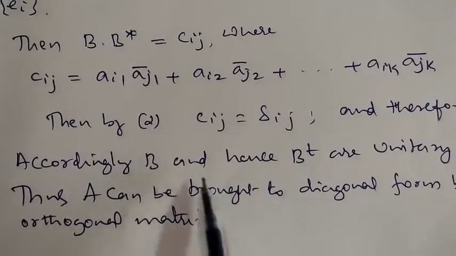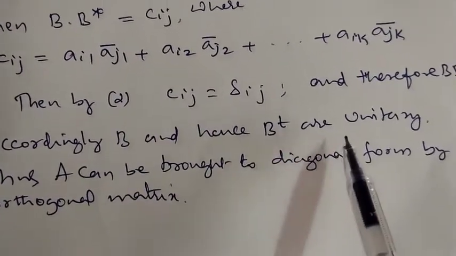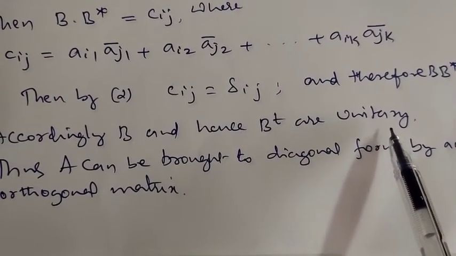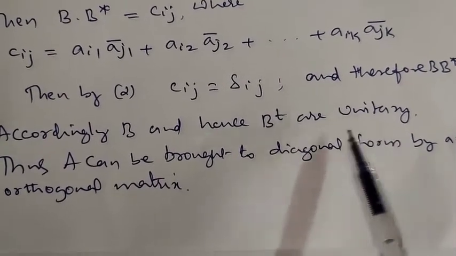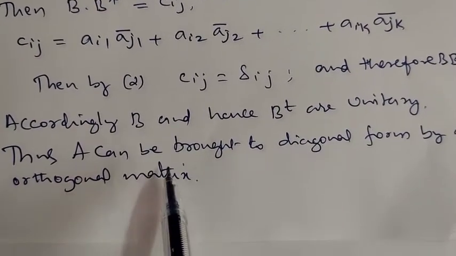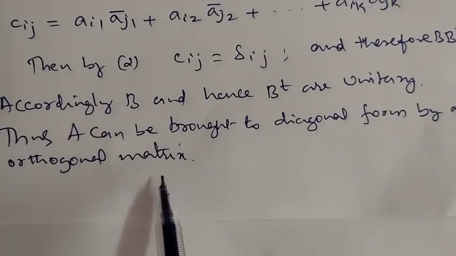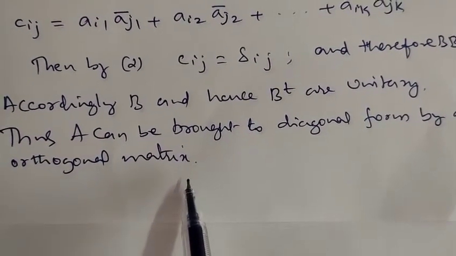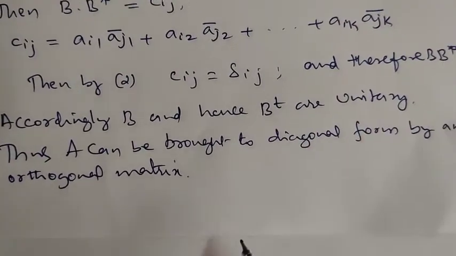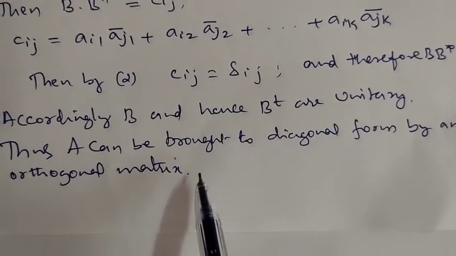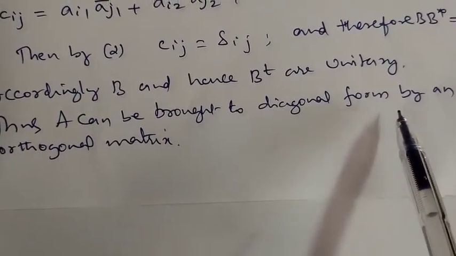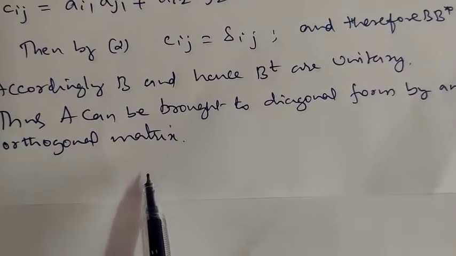Accordingly B, and hence B transpose, are unitary. If B and B transpose are unitary, then definitely you can bring A to diagonal form by an orthogonal matrix. Every unitary matrix can be brought into diagonal form, therefore A can be brought into diagonal form by an orthogonal matrix.